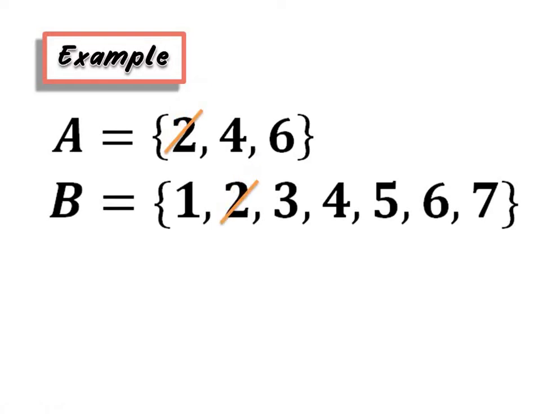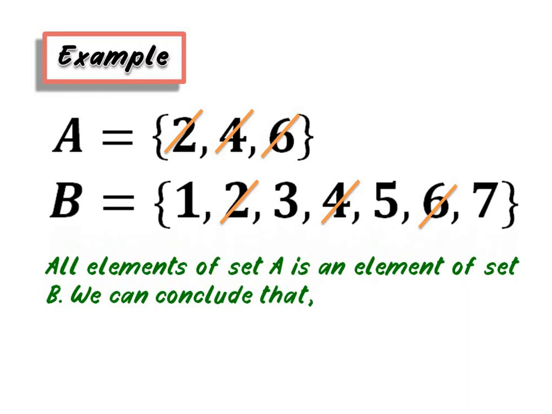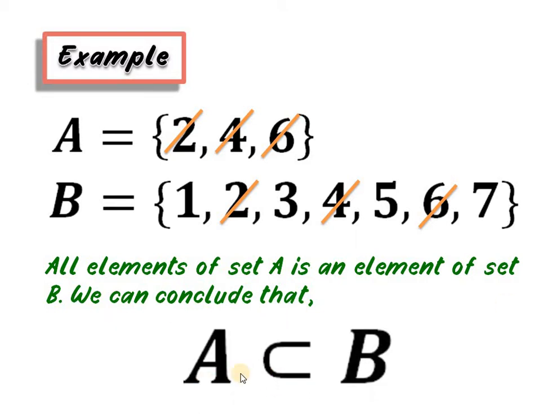How about 4? Great thinking. And 6? Good job. All elements of set A is an element of set B, we can conclude that A is a proper subset of B. How about this next example?